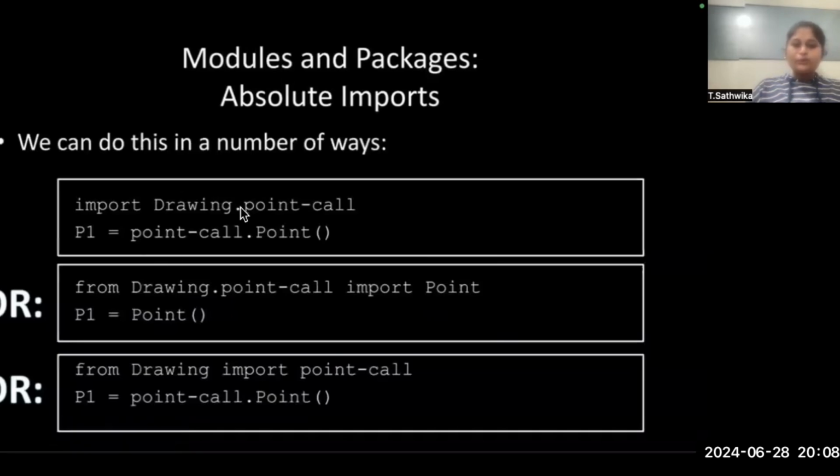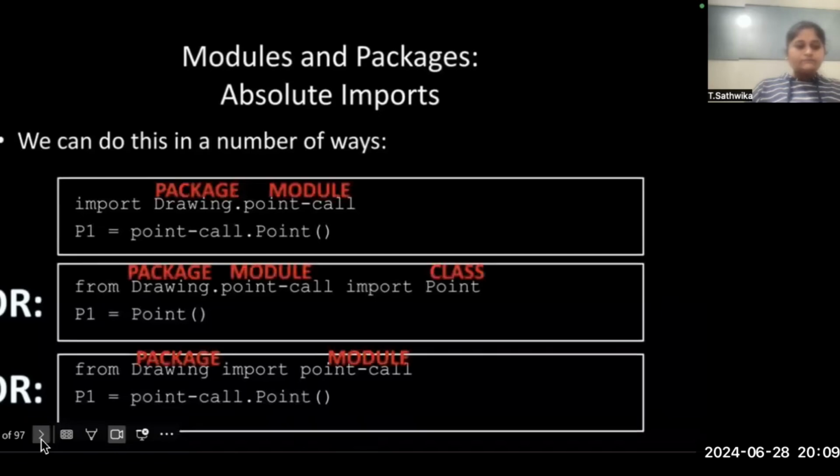We can import drawing.pointcall, then p1 = pointcall.Point, or from drawing.pointcall we can import Point, then p1 = Point, or from drawing import pointcall, p1 = pointcall.Point. Here, drawing is a package, pointcall is the module, and Point is a class.